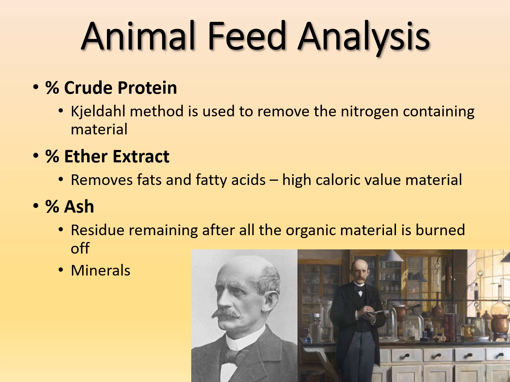And then again, that percent of ash is all that material that's left after you've burned off all the organic material. And this is really your minerals, okay? This is just to go through what those processes are again, but you again don't need to know the exact processes of how they get these different values, okay? I just want you to know what they are and what they mean, right?